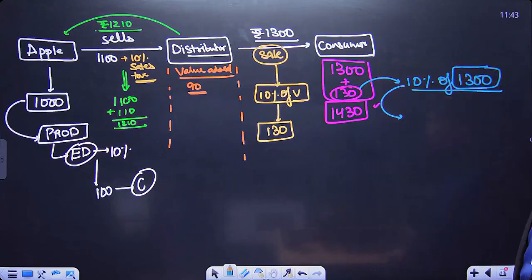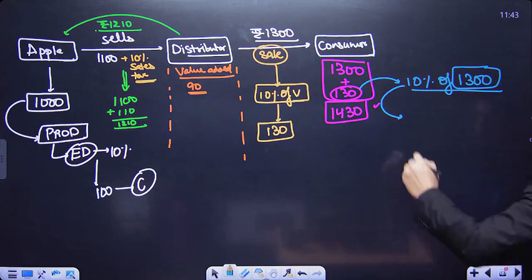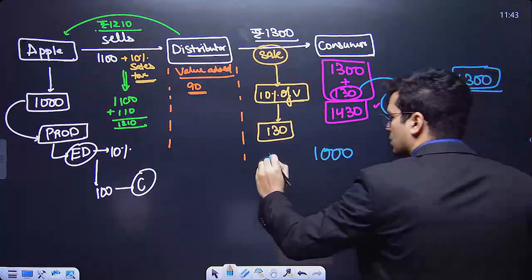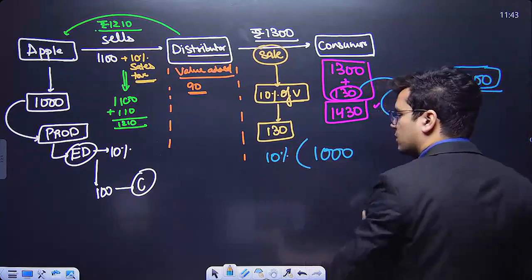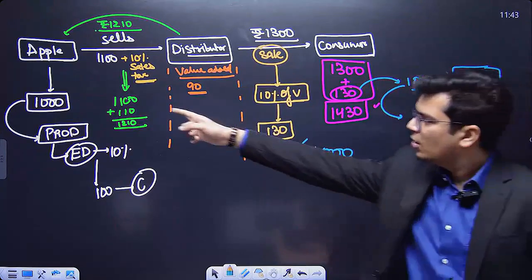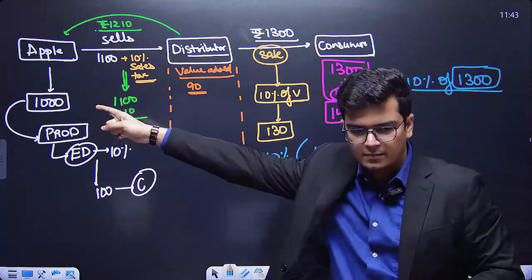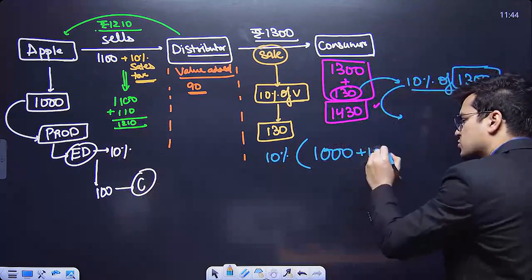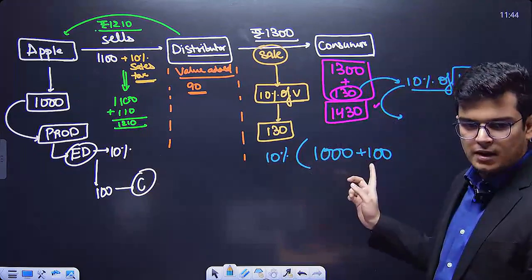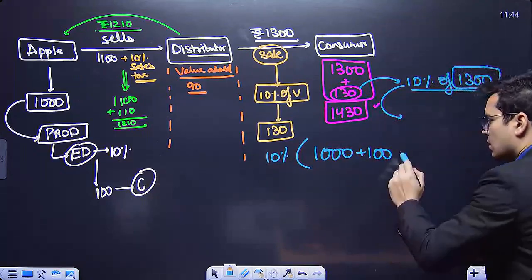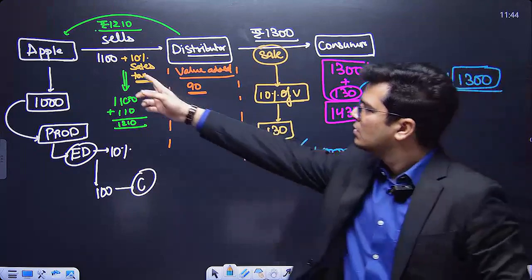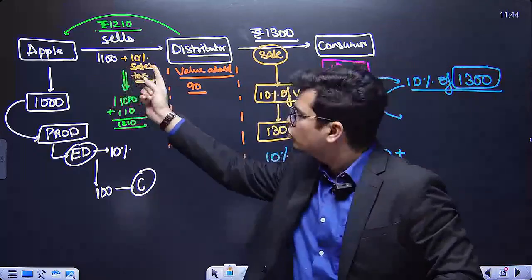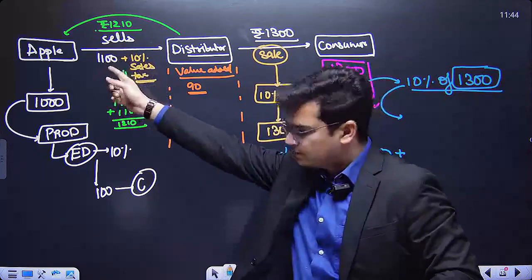Where has this 1300 come from? You are actually paying 10% on 1000 rupees, which was the value that Apple paid, and 100 rupees, which was the excise duty paid by Apple. Plus, in this case, you are also paying 10% on these two.